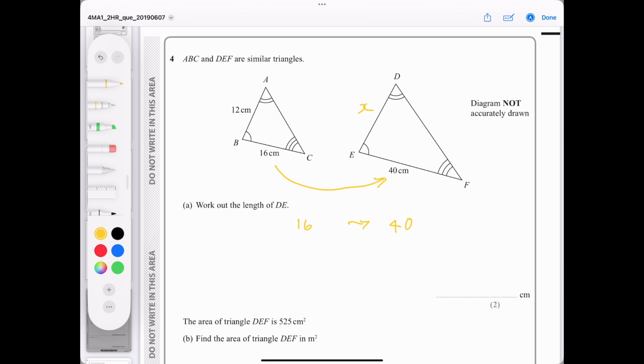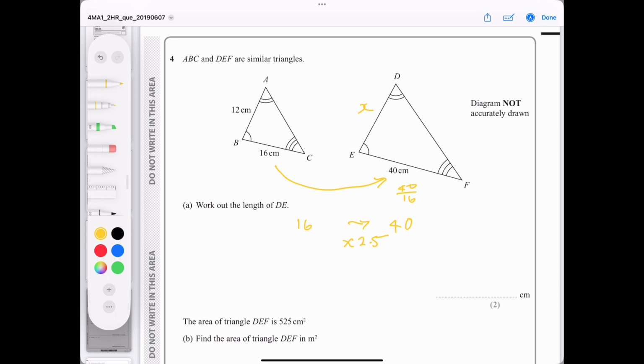So in order to get from 16 to 40, we're going to look at what 40 divided by 16 is, and I think that's going to be 2.5. So we multiplied by 2.5 to get there.